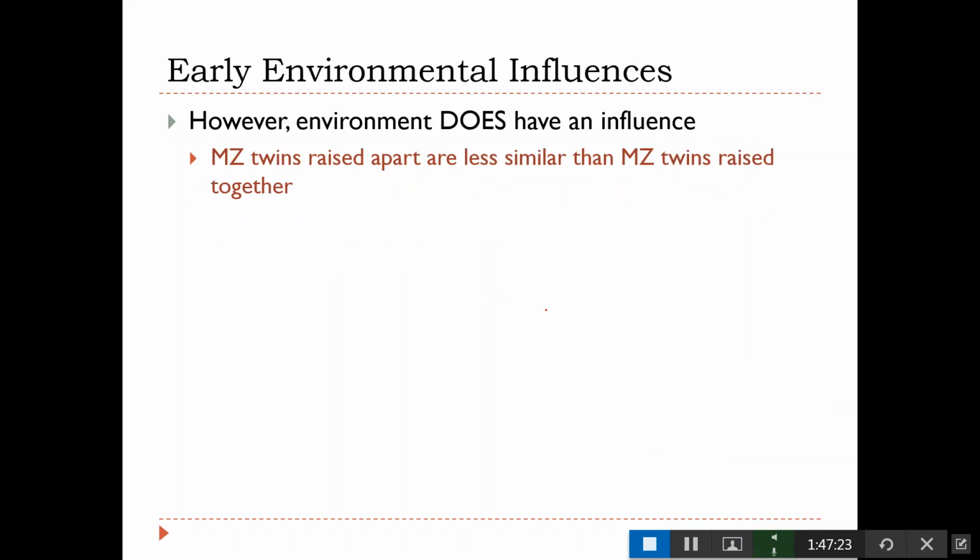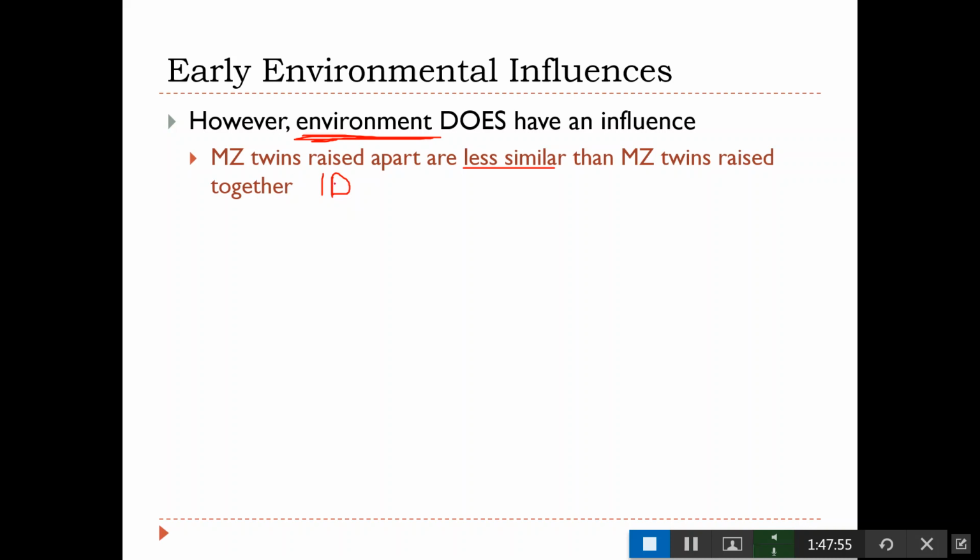Okay, so there are some environmental influences. Again, intelligence is mostly determined by our genes, but the environment can play a role. So if you look at twin studies, monozygotic twins that are raised apart tend to be less similar than monozygotic twins raised together. Again, these are identical twins, right? Monozygotic versus dizygotic.